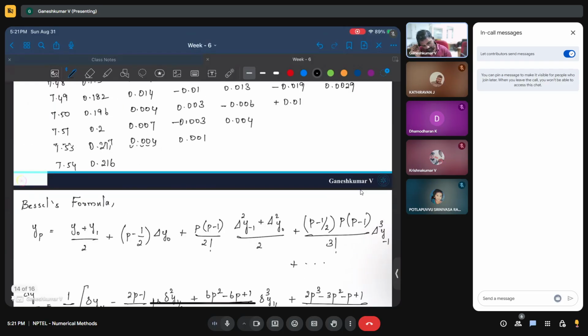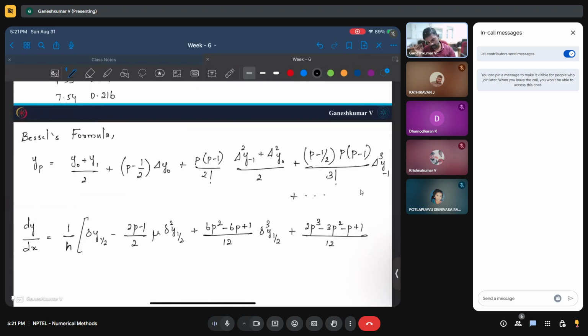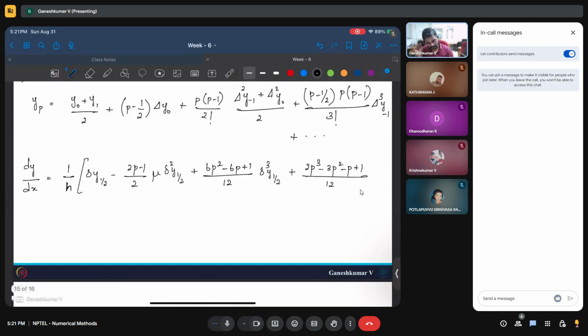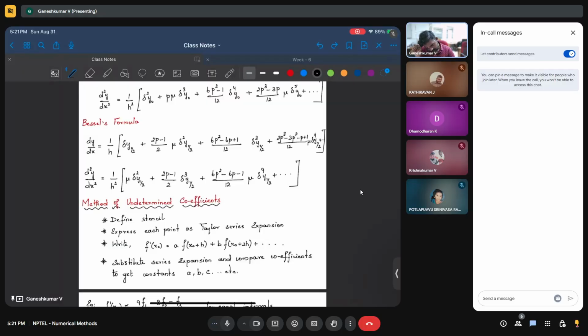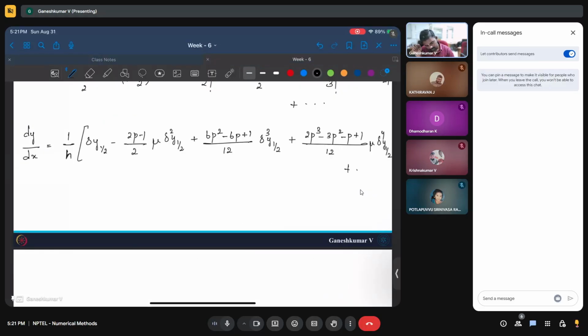So basically, what we need to do is write all the other terms and then differentiate this term. That will give you this polynomial. Okay. So it's not something new. Mu del power 4 y half. Correct. And then you can keep on doing this.